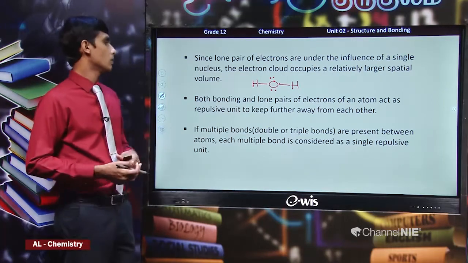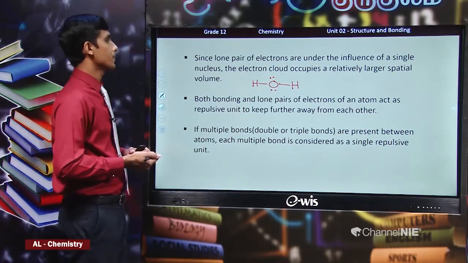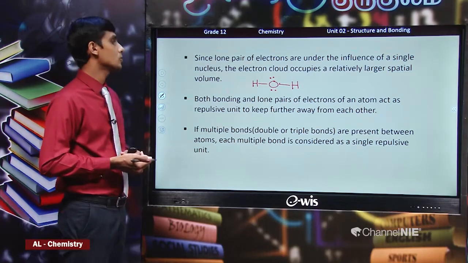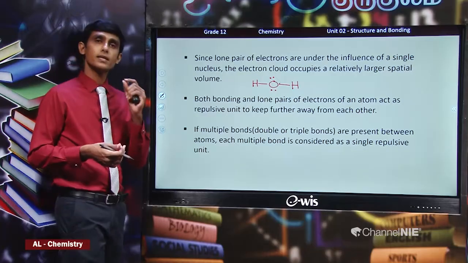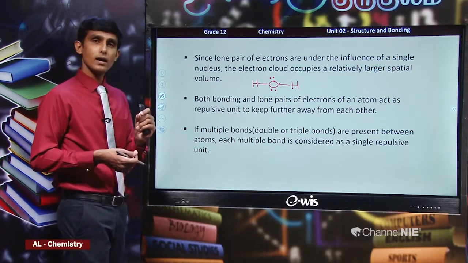So, you can see both bonding and lone pairs of electrons of an atom act as repulsive units. They act as repulsive units to keep further away from each other. If multiple bonds, double or triple bonds, are present between atoms, each multiple bond is considered as a single repulsive unit, that is, as one bonding pair.